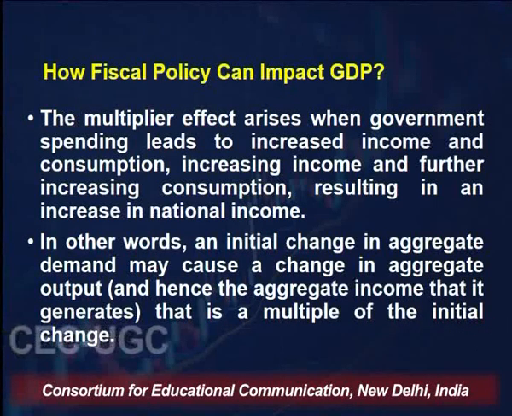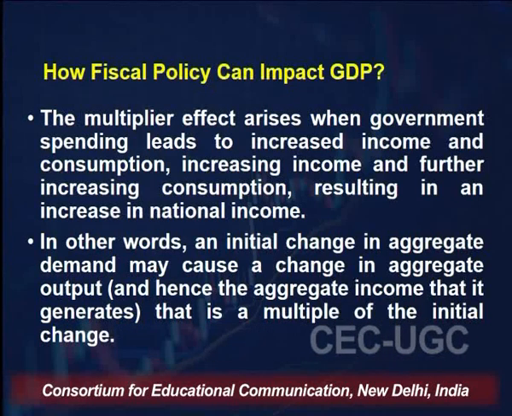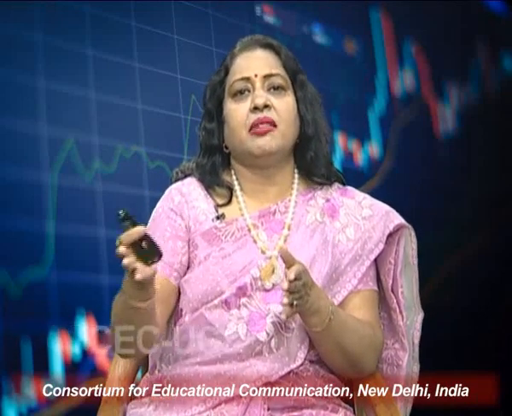Let me just explain how the multiplier effect works in simple words. If government expenditure increases, then that will lead to an increase in the income of the public, because people will get employment. Okay, so they can generate more income and therefore income increases. Now, if the income of a person increases, then obviously their consumption will increase. And if consumption increases, then the income of the people from whom we are demanding those goods will increase, because the consumption of one is the income of the other.